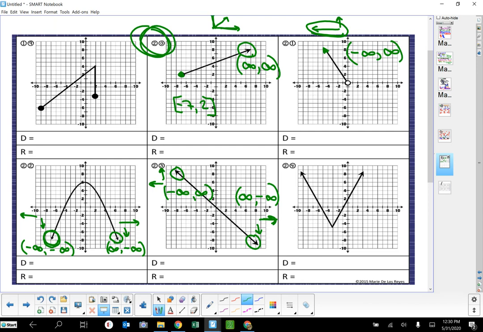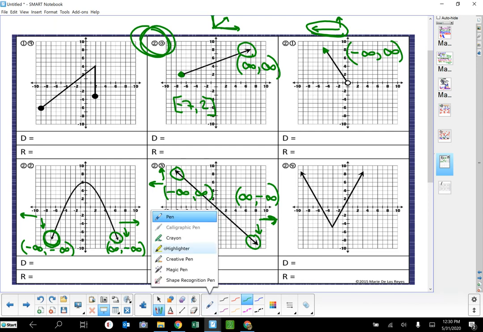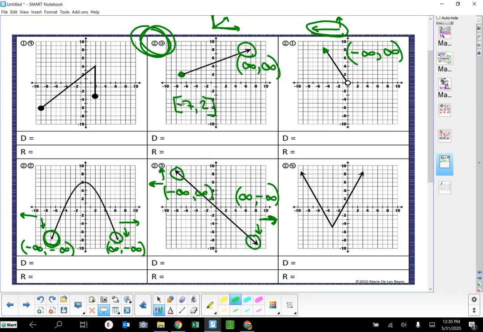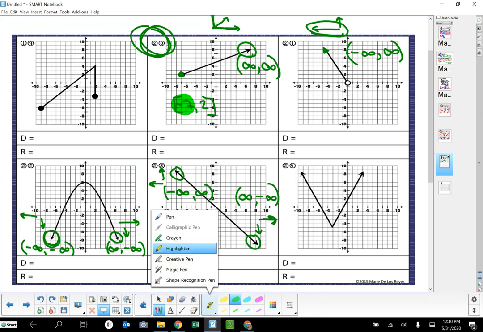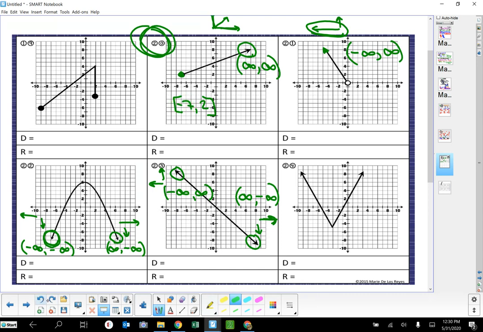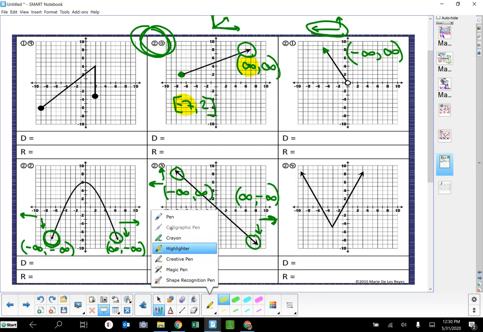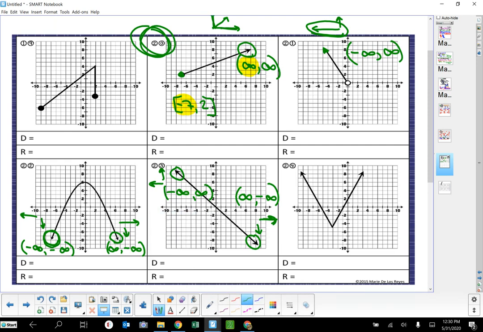And your x values go from -7 and negative infinity. Well, which one's lower? That happens to be the negative infinity in this one. So -7 is our lowest one with a bracket, to infinity with a parenthesis.